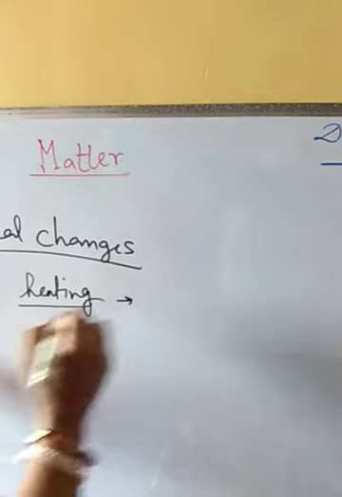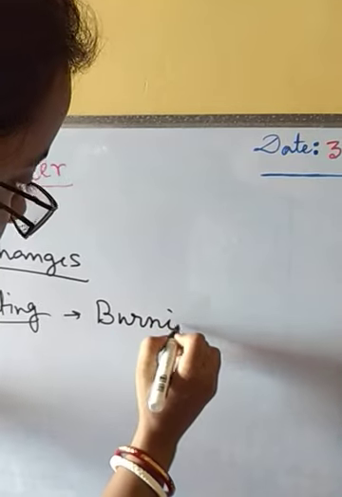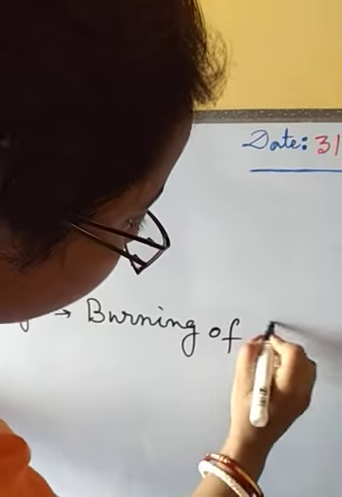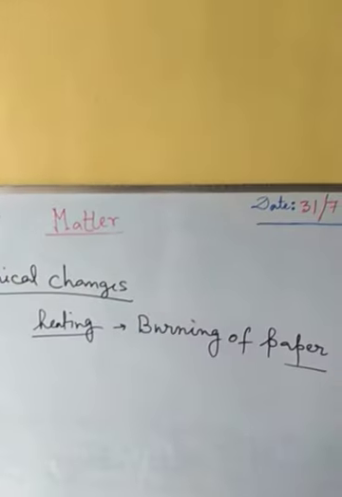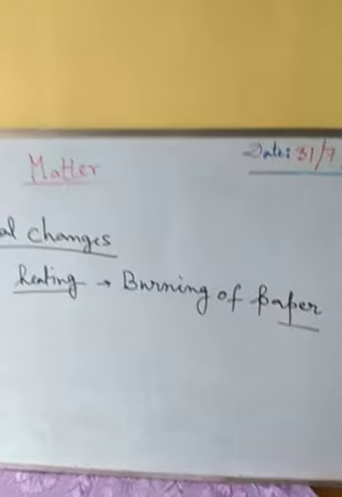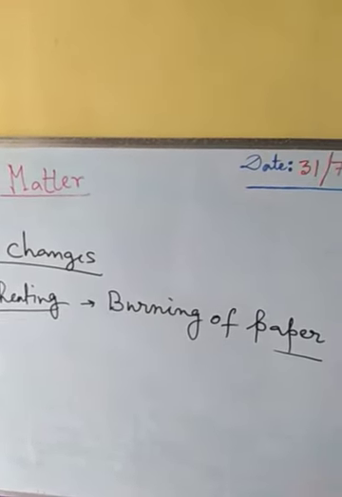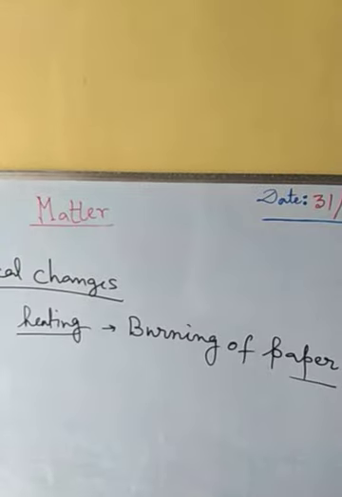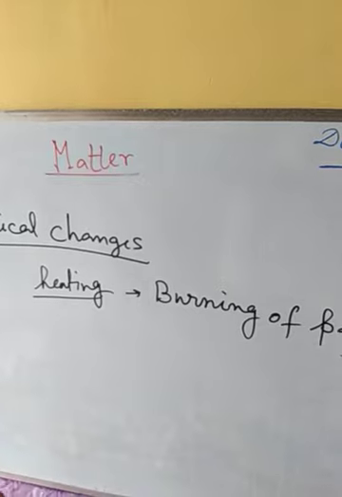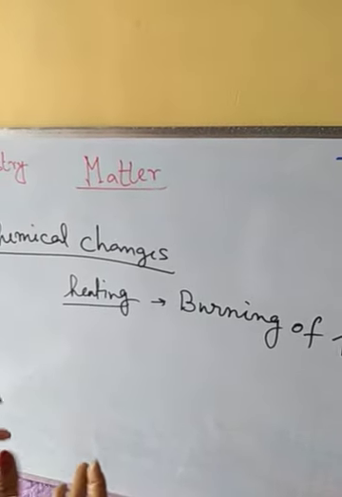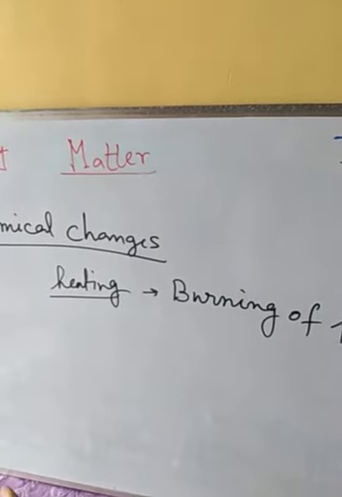A very simple example of it is burning of wood or burning of a piece of paper. If we burn any piece of paper, we get ash. First we heat the paper, and when it reaches the ignition point, it will burn. After that we get some ash from the paper, and that ash cannot be converted back to the paper again.